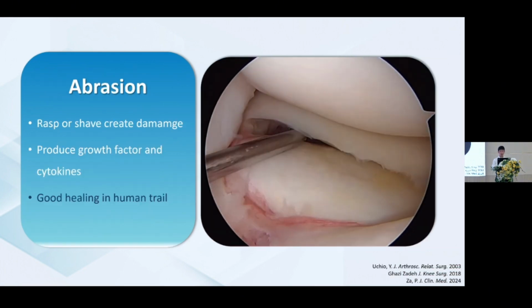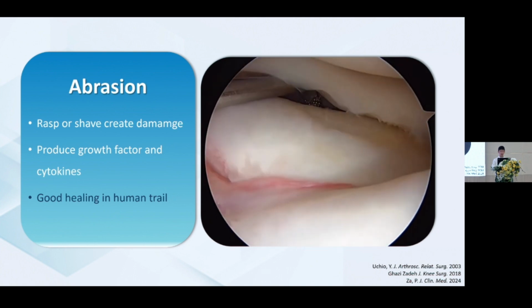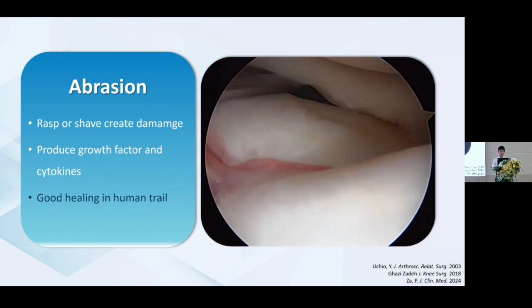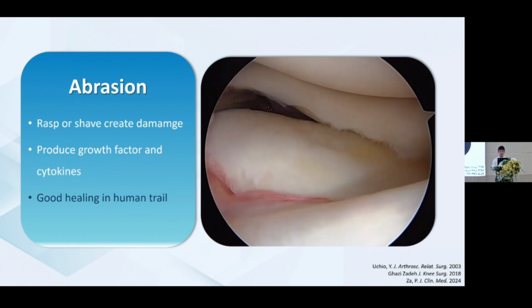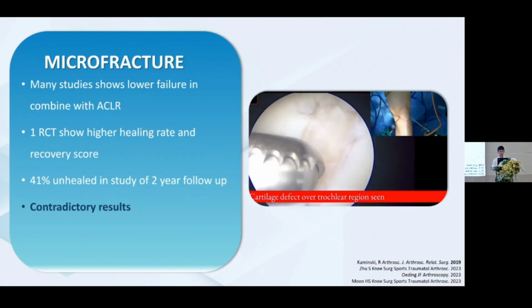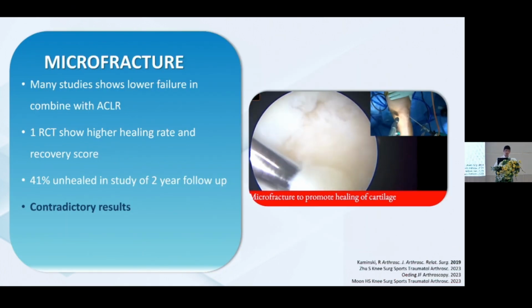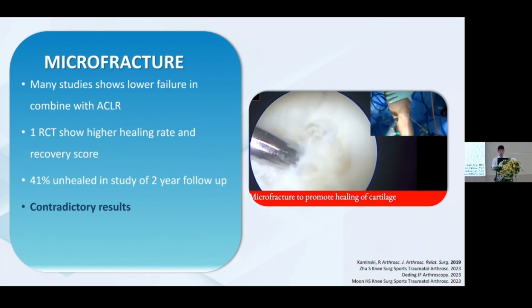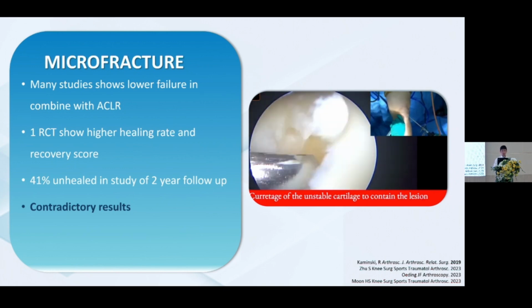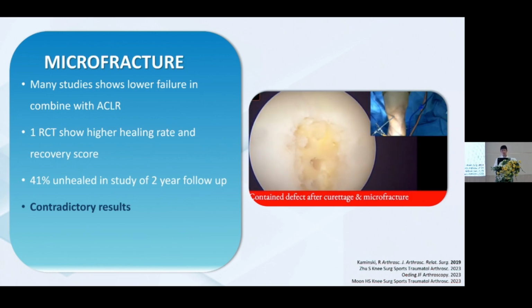Also abrasion: we could use a rasp to create a raw surface, and it showed good healing in human trials. For microfracture, most studies are associated with ACLR, so they see the pros of microfracture. But one study showed that at 2-year follow-up, there were still 41% unhealed. So this systematic review still has contradictory results.